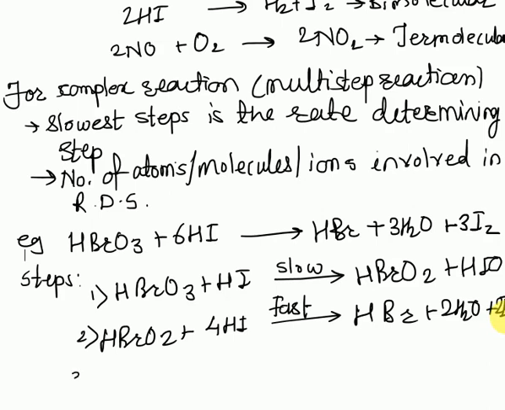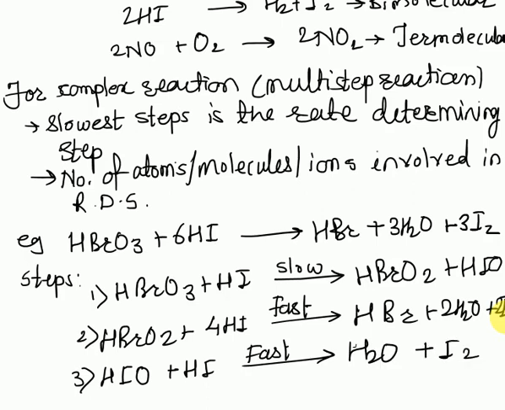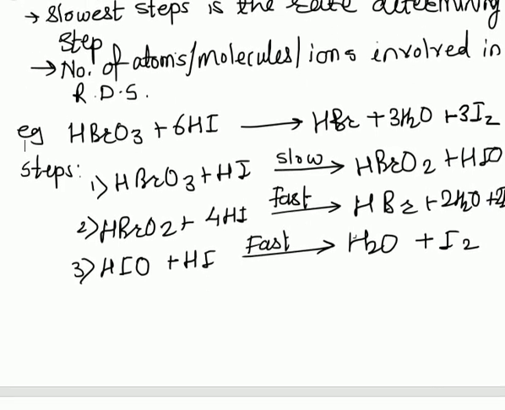Third step of the reaction is HIO, which is formed in the first step, plus 1 mole of hydroiodic acid, and this third step is also a fast one, and it gives H2O plus I2. If we make the sum of all the reactions, then we will get that complex reaction.